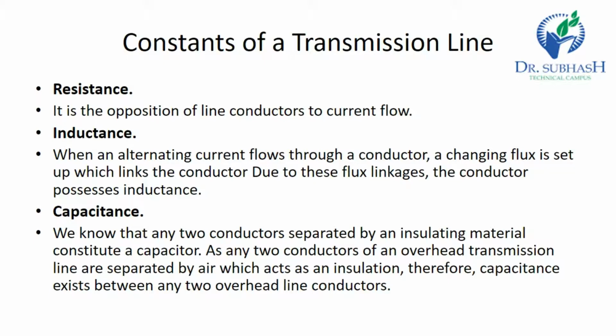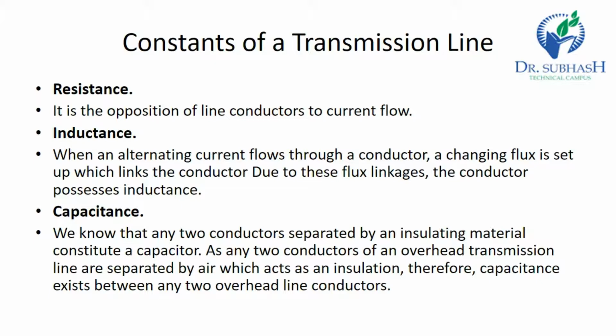The capacitance between the conductors is the charge per unit potential difference, which is equal to Q by V, where Q is the charge on a conductor and V is the voltage or potential difference between the conductors. The capacitance is uniformly distributed along the whole length of the line and may be taken as a uniform series of capacitors connected between the conductors.